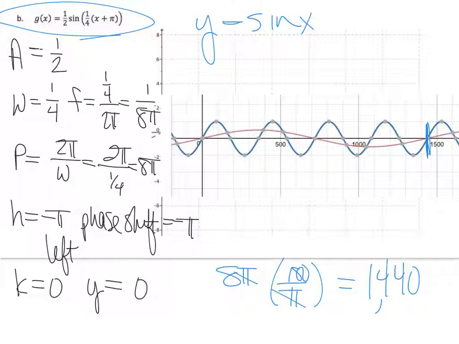So we have a maximum at 1/2, a minimum at 1/2, and we shifted negative pi. Goodness, hold on, let me erase this.